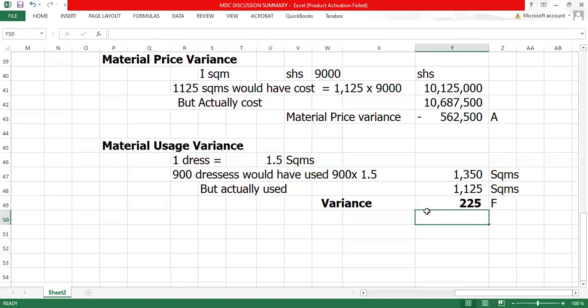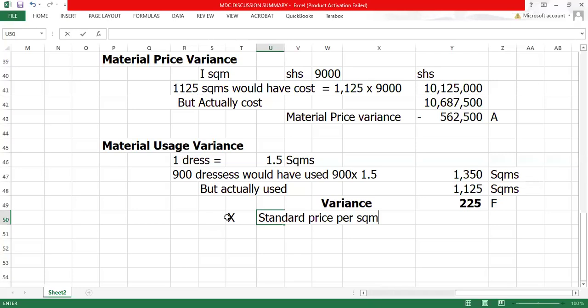So this is favorable. But this is in terms of square meters. We don't report in terms of square meters. We report in terms of amount. So as you convert this into amounts, you simply multiply by the standard price per square meter.